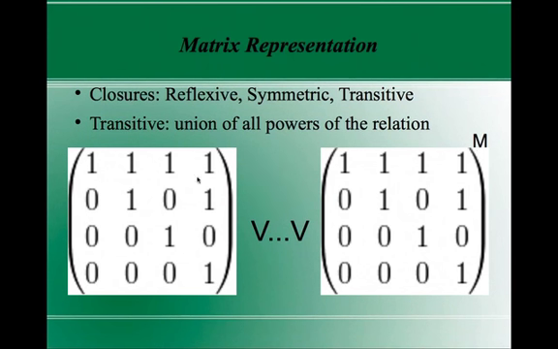In other words, if you Boolean OR this one with itself squared, you'll get a matrix. Now if you Boolean OR that matrix with the original one, cubed, you might get the same matrix. Or at some point you will start getting the same matrix as your solution. This means that the point before the recurrence happens is where your transitive closure exists.